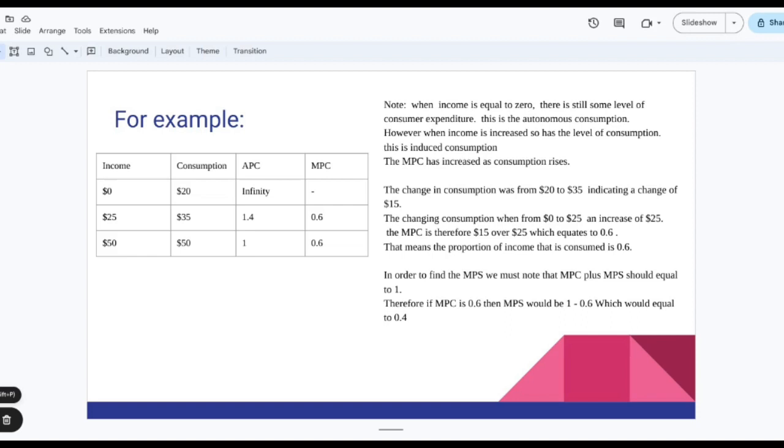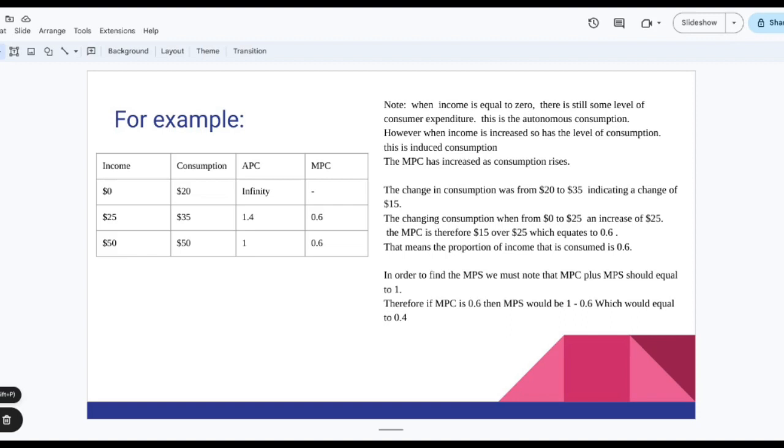While income is equal to 0, there is still some level of consumption expenditure, and this is called autonomous consumption. It is independent of income level. It acts on its own, but it's influenced by other factors apart from income.